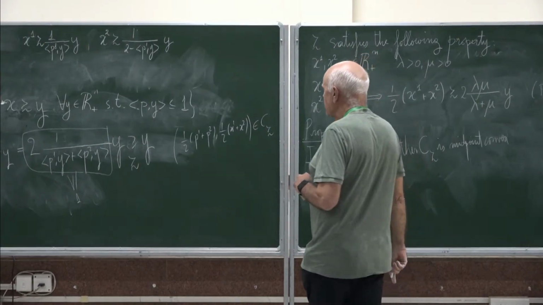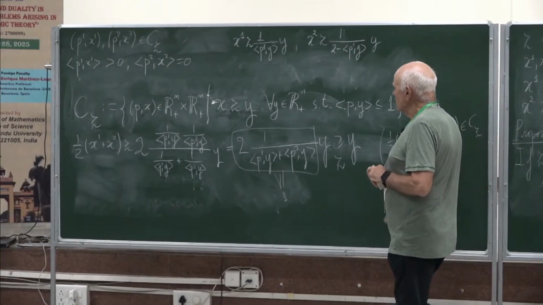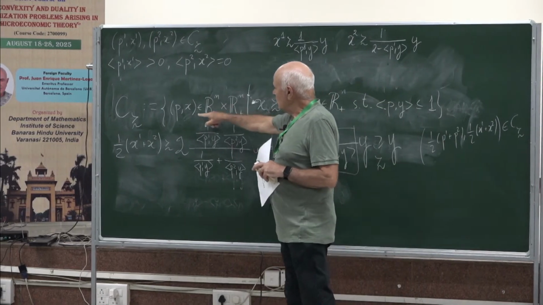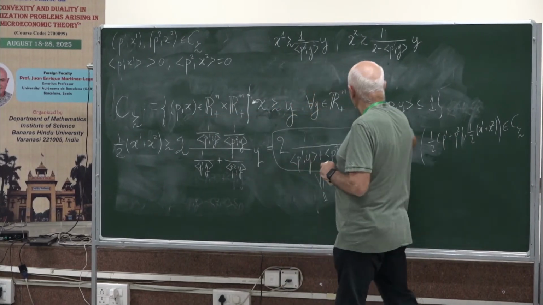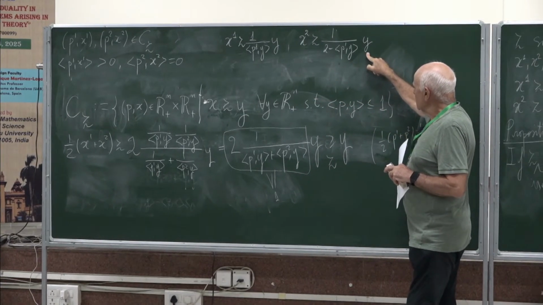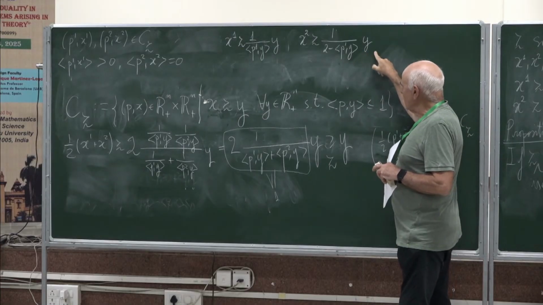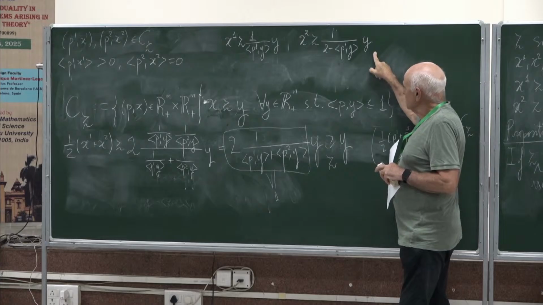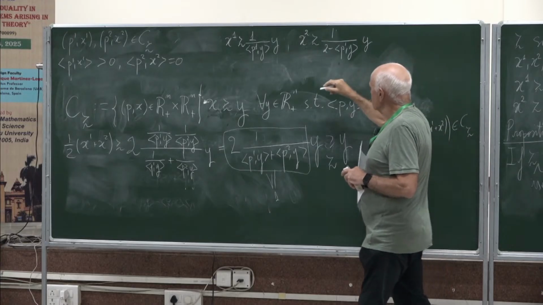But the second would be true given that P2x2 is in this set. So the second would be true if this multiplied with P2 is less than or equal to 1. Let us see if this is the case.